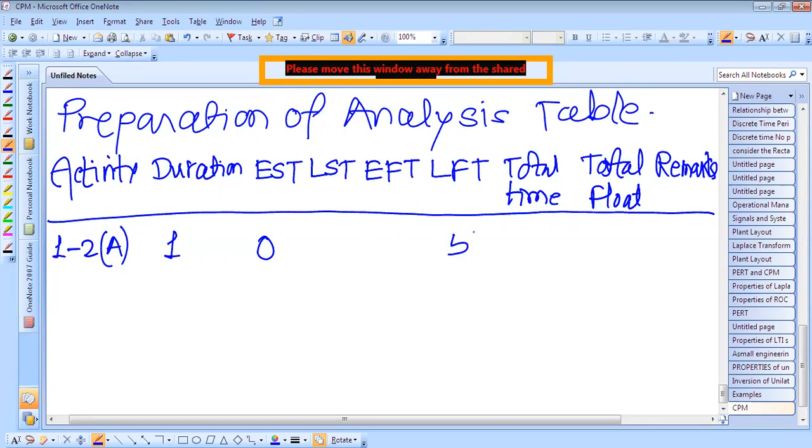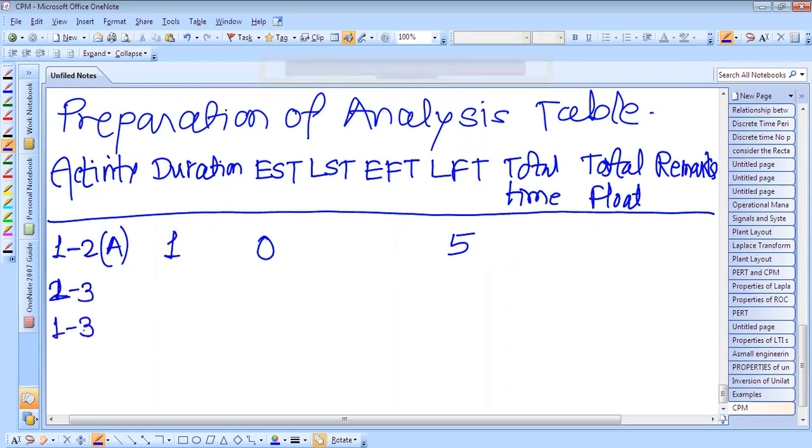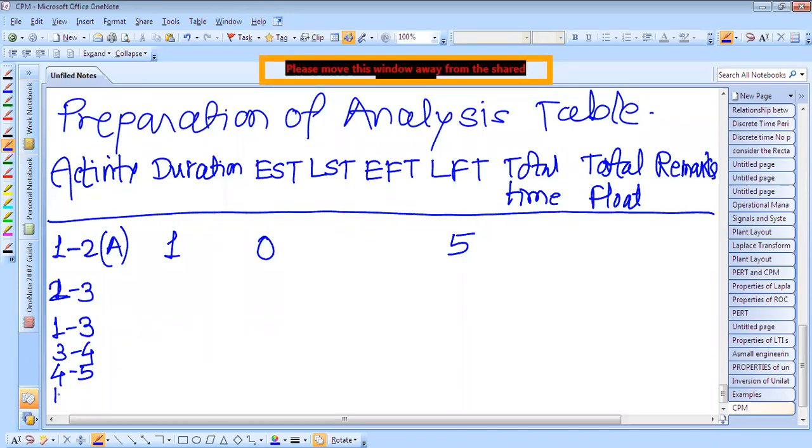It is 5. Similarly, we'll write down the other activities: activity 2, 3; activity 1, 3; activity 3, 4; then activity 4, 5; next activity 1, 5.